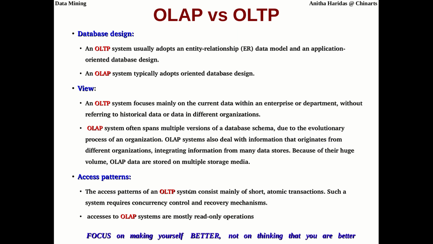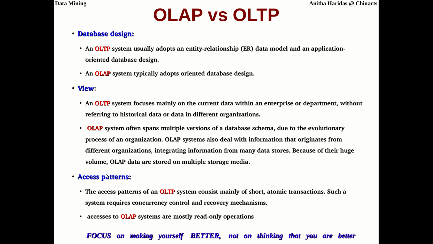All these things are required for the OLTP system, whereas the OLAP system does not require this kind of concurrency control, because the data is going to be read-only data. Once the historical data is loaded into the data warehouse, no application is allowed to modify the data. You can load the data and you can refresh the data, but you cannot modify the data.